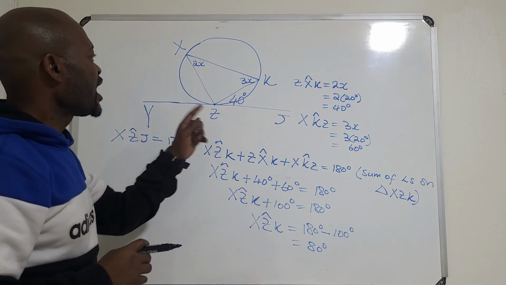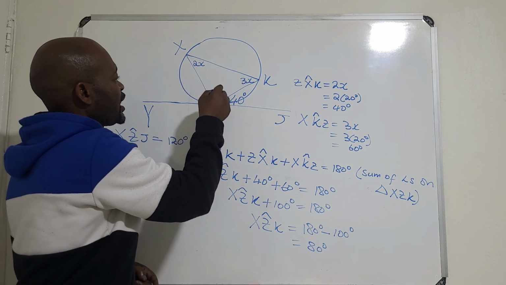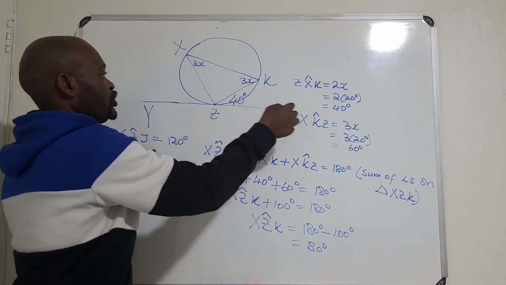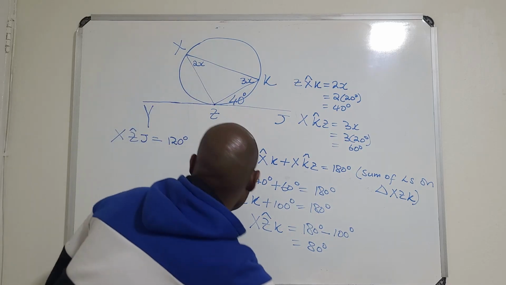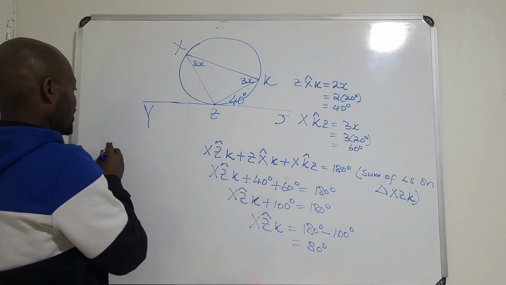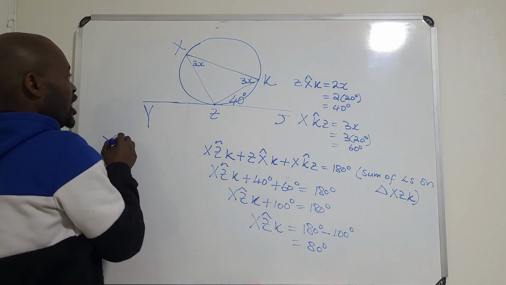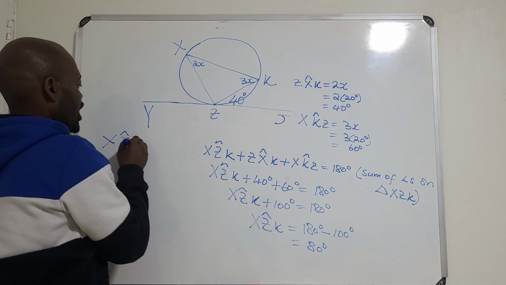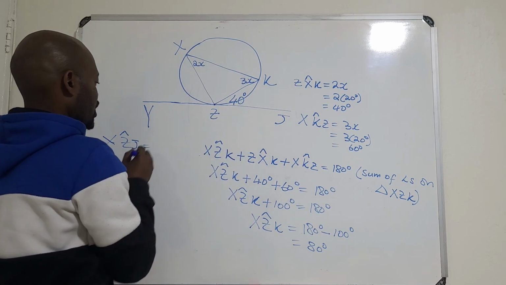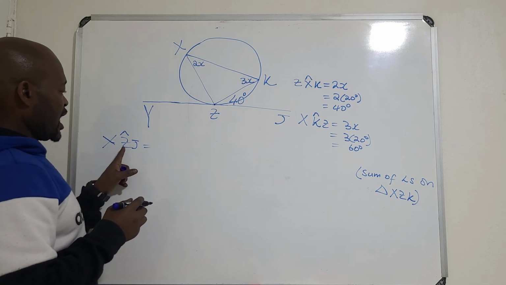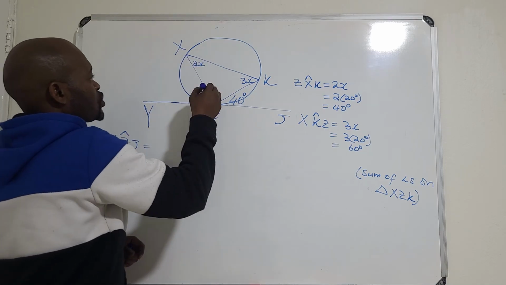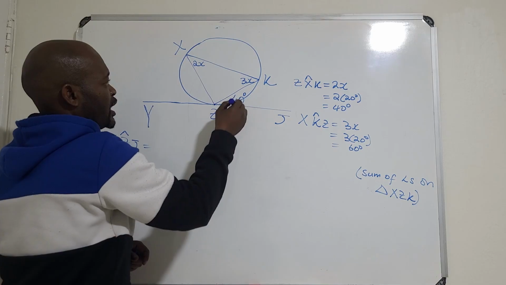Now, we can find this angle plus this angle, which is angle XZJ. I'll need also to remove that because we know that we need to prove that. Now, we're going to say angle XZJ, which is this angle there, is equal to this angle plus this angle.